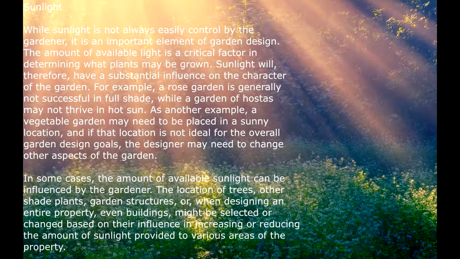In other cases, the amount of sunlight is not under the gardener's control. Nearby buildings, plants on other properties, or simply the climate of the local area, may limit the available sunlight. Or, substantial changes in the light conditions of the garden may not be within the gardener's means. In this case, it is important to plan a garden that is compatible with the existing light conditions.